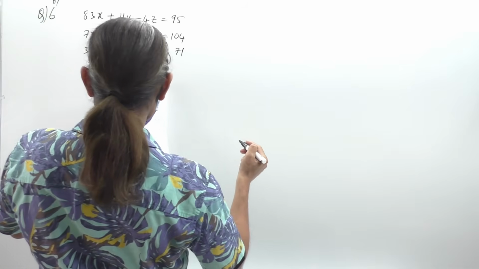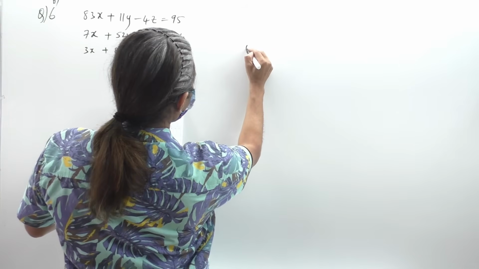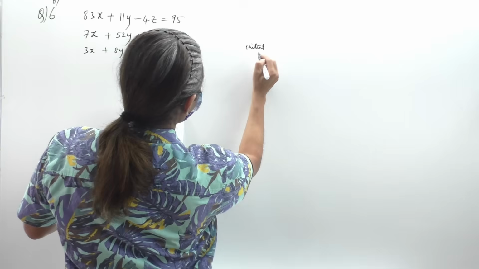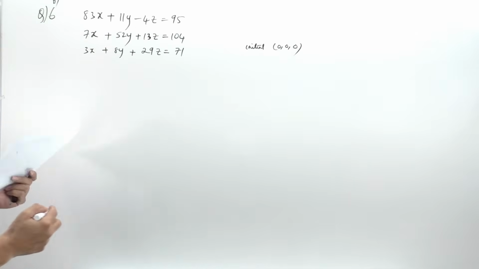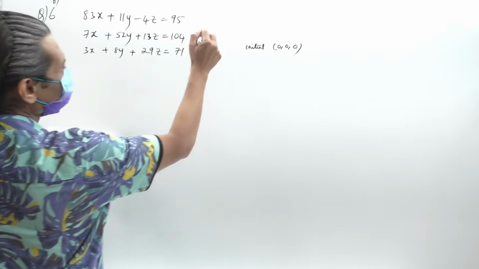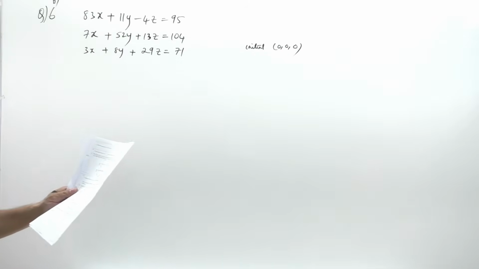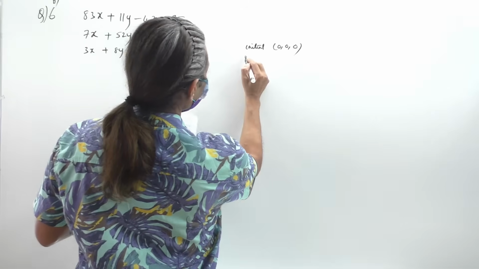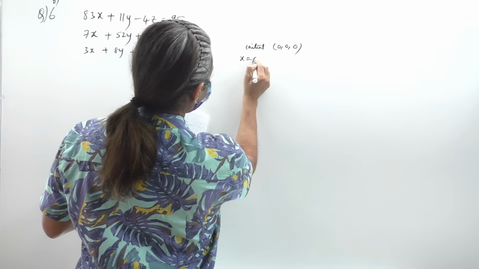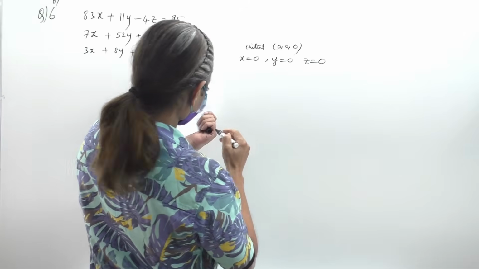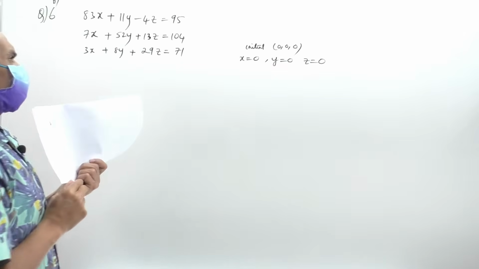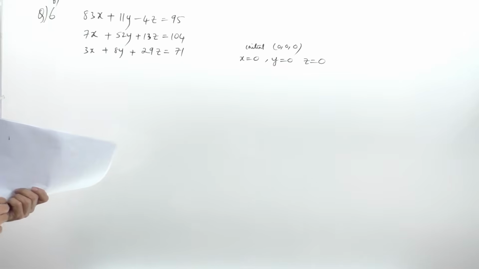And the initial value is given as 0 0 0. In the Gauss-Seidel method, the initial value 0 0 0 means x is equal to 0, y is equal to 0 and z is equal to 0. Okay, so let's solve this using the Gauss-Seidel method.